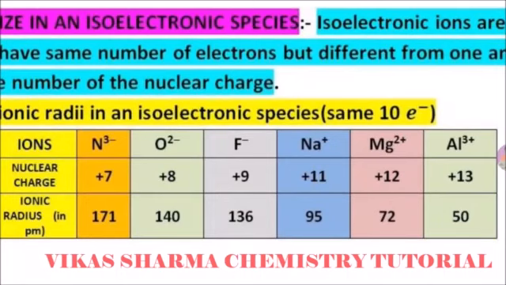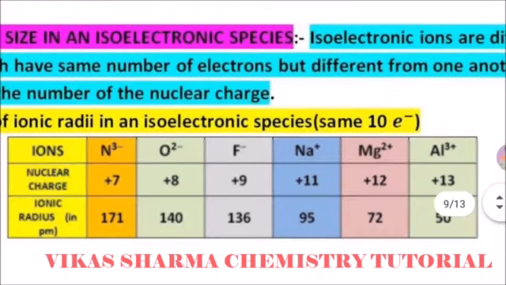It means the relation between nuclear charge and ionic radii in isoelectronic species is inversely proportional. If the charge is greater, the size decreases. If the nuclear charge is less, the size is greater.